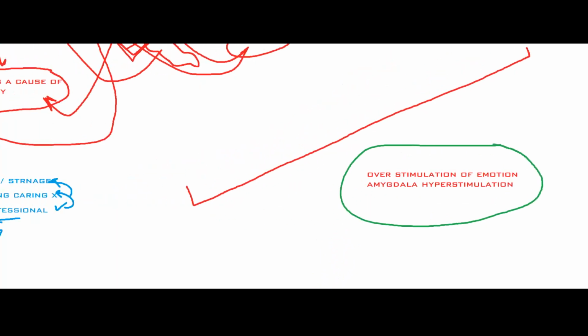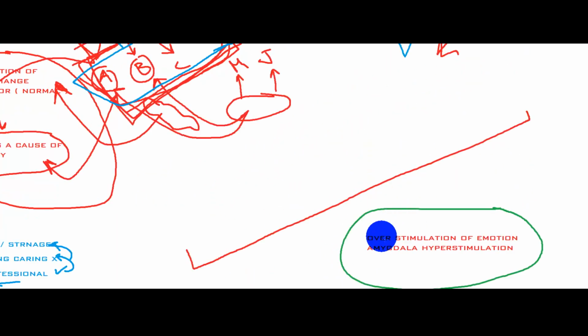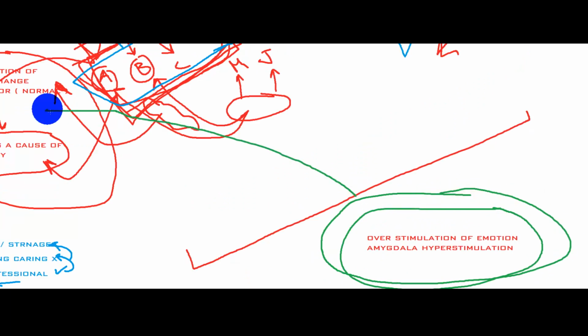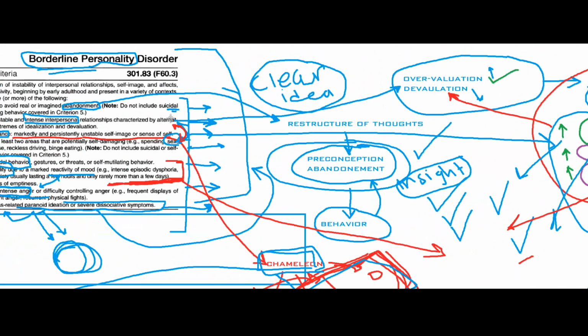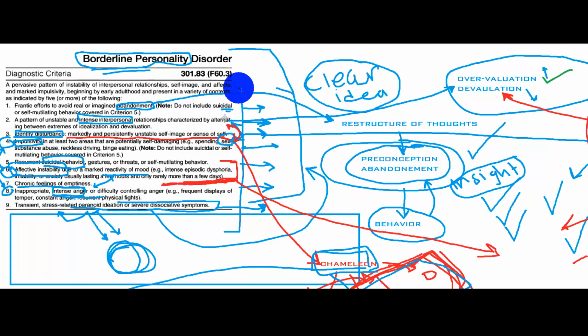I want you to put this core idea into your brain, and together with the dissection and explaining I did on the last 9 points, I want you to shed the light of this core idea on these 9 sentences. And I want you to ask yourself if these 9 criteria can be explained from the hyperstimulation of emotion.